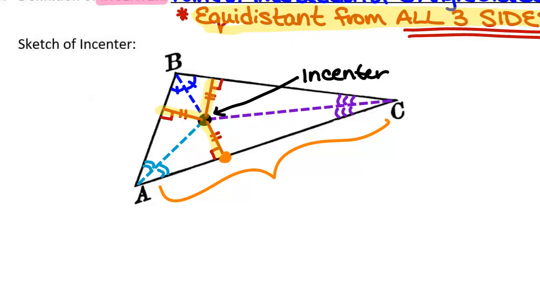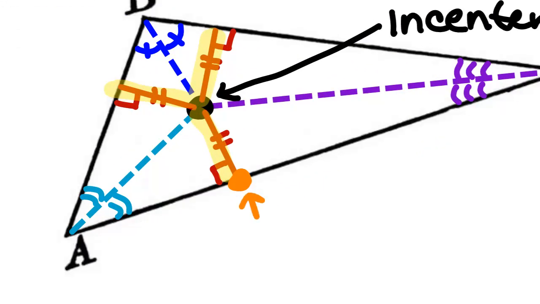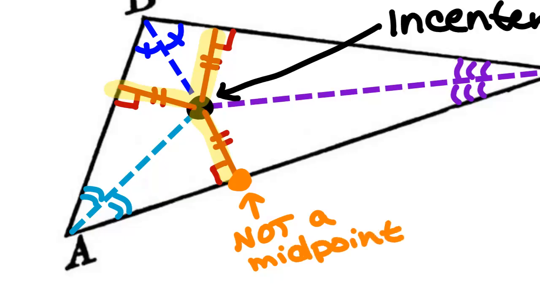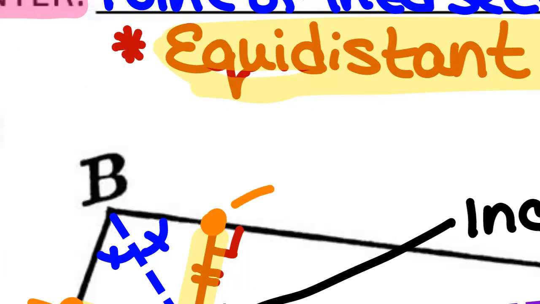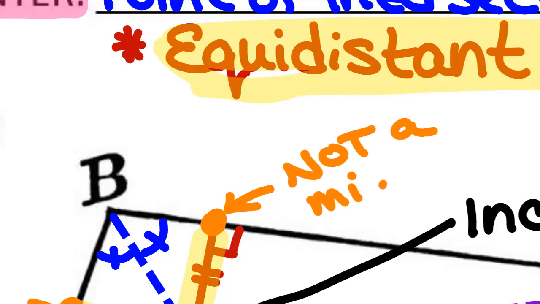Is it cutting it in half? No. This point right here is not a midpoint. Same thing with this point over here. This is also not a midpoint. And up here, this is not a midpoint.